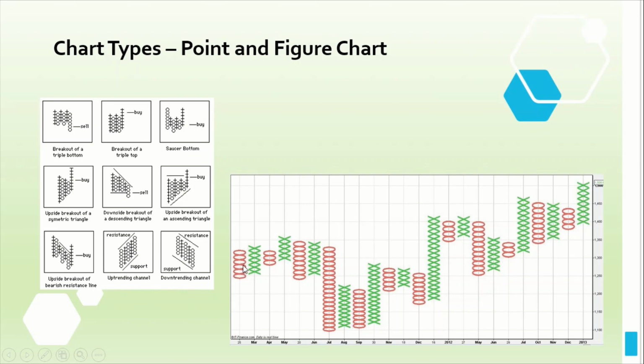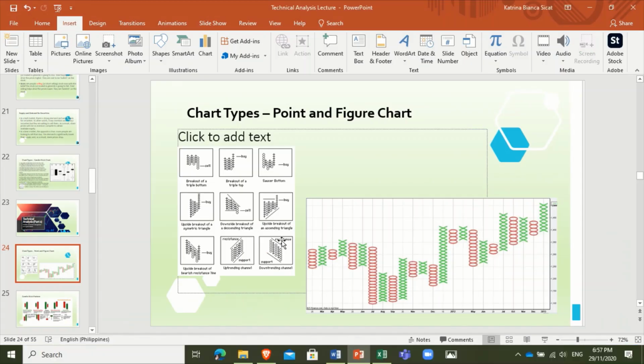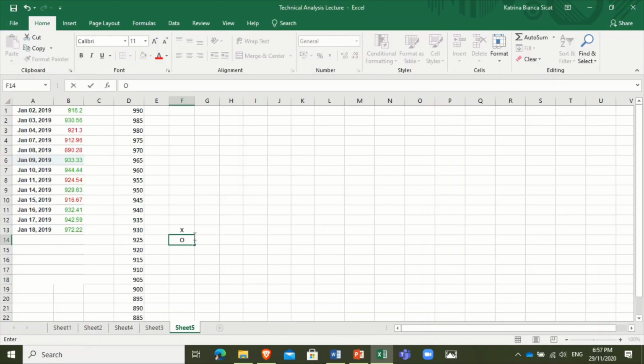Kasi ang mini-measure natin dito is at which point did the price reverse. Okay? Pag sinabi mong reverse, nagbago. Okay, o mas maiintindihan natin yung word na reversal later as we plot our chart. Okay? So balik tayo dito sa ating Excel sheet. So ulitin ko, X signifies increase and O signifies decrease.